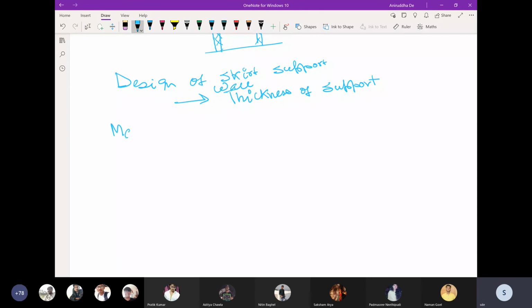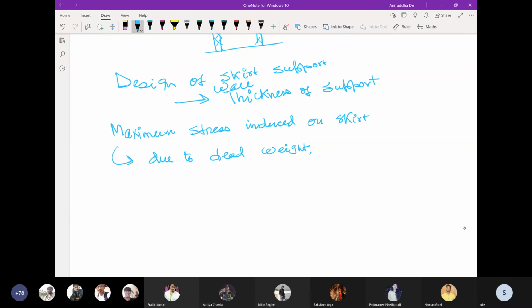We have to find out the maximum stress induced on the skirt, and this will be induced due to dead weight, attachments, wind, seismic load, etc. One thing has to be noted: unlike the tall vessel calculation, the skirt is not subjected to internal pressure, because internal pressure will be there inside the process vessel, not in the skirt.